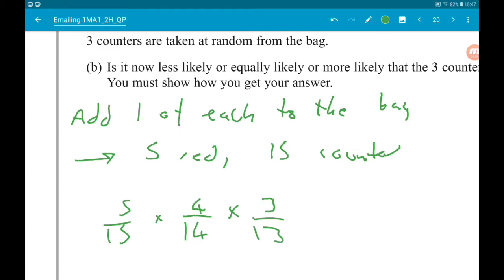So this time I'm just going to work that out as a decimal, and as a fraction, it's 2/91. Now, as a decimal, that is 0.021.